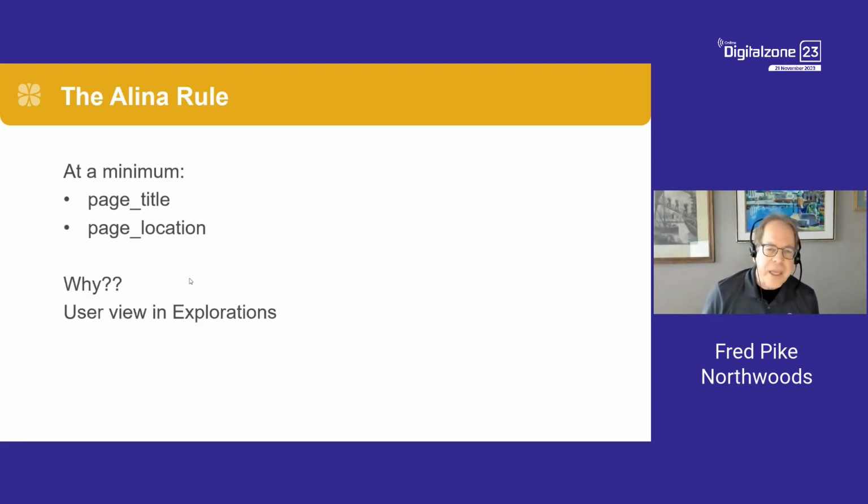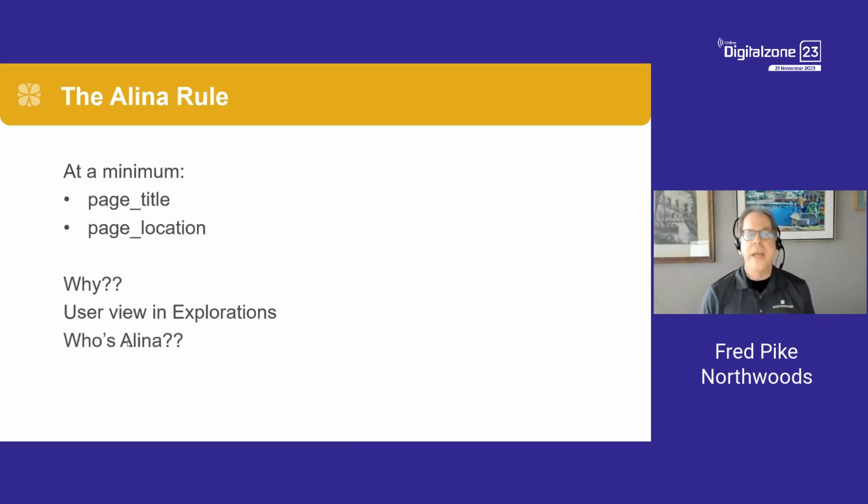The reason is because the user view in explorations is awesome. It's something I used in Universal Analytics all the time, and I use it in GA4. It lets you look at a specific user and the events that that user did. So it could be page view, first visit, session start, things like that. And I'll show you what that looks like in just a second.